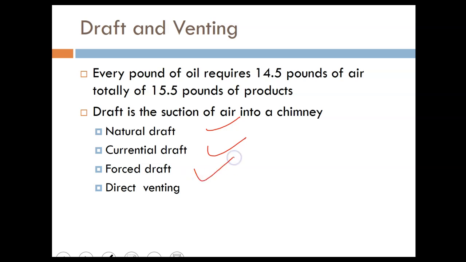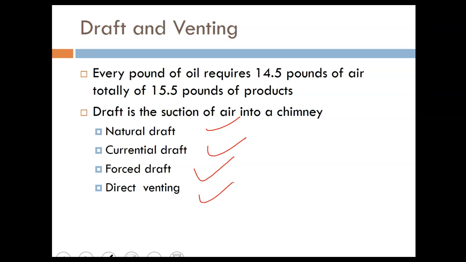Forced draft is when you have an inducer fan at the end of the chimney to pull the air from the chimney. Doing so, you'll have a lot of suction draft inside the chamber. It's okay, but you might also pull too much excess air inside the chamber. So it's the last resort if you cannot have proper natural draft inside the space.